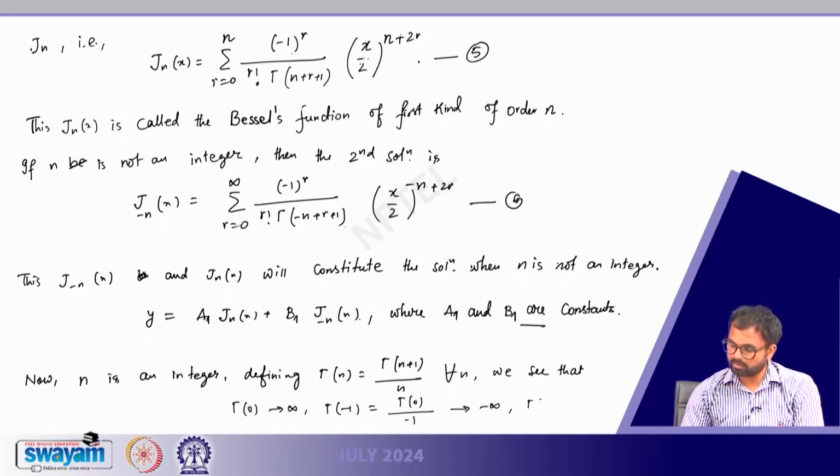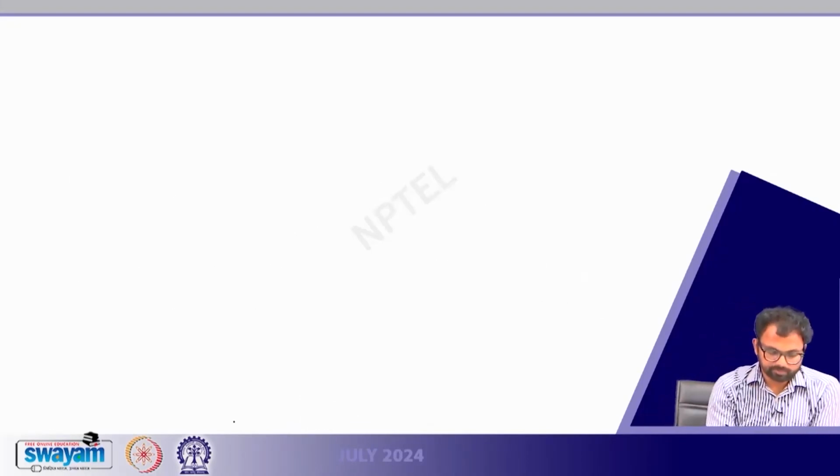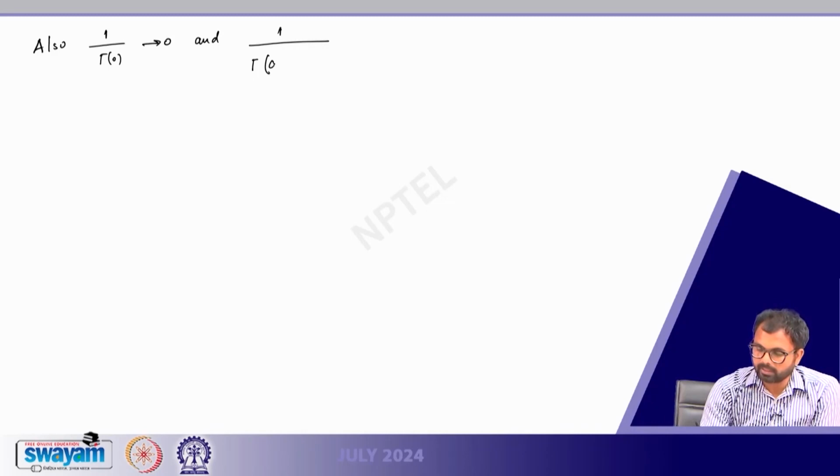Similarly, gamma minus 2 will also tend to minus infinity, and so on, right. So 1 by gamma 0 will tend to 0, and 1 by gamma of a negative integer will go to 0, right.